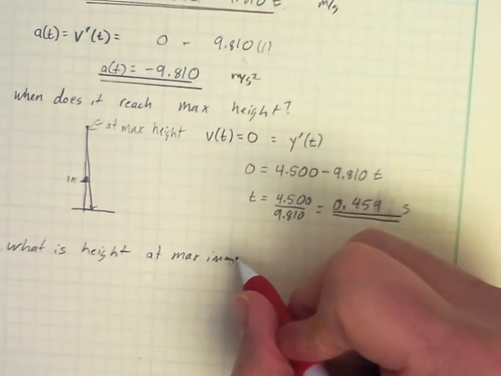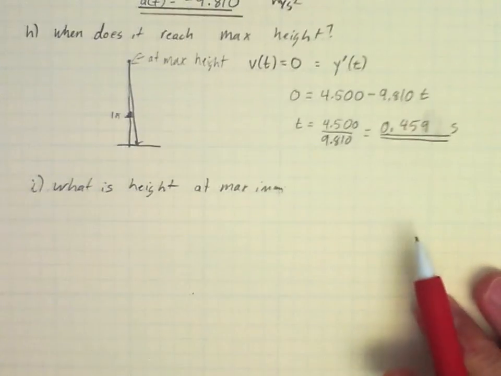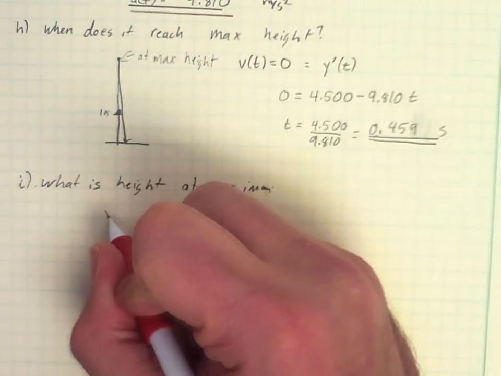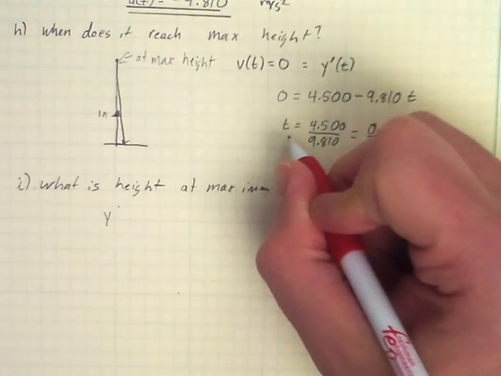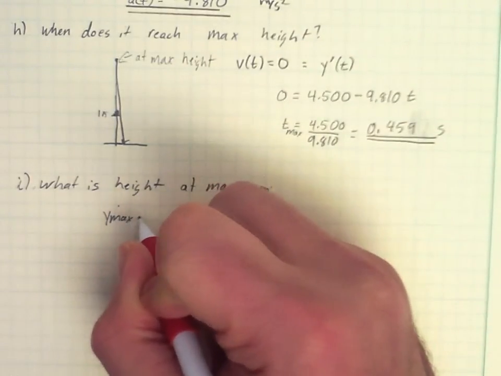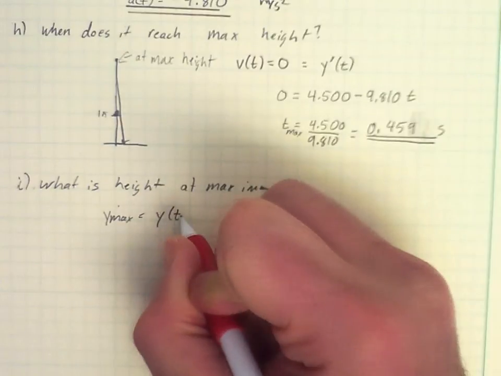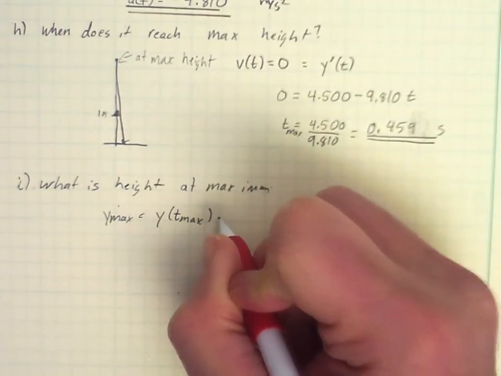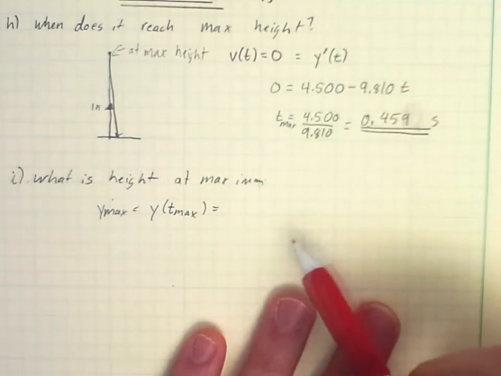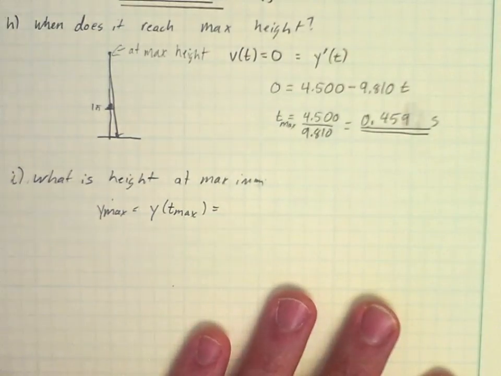At maximum. Well, to do that, all we have to do is, if we call this T max, Y max is just going to be Y of T max. So we can just take that value and plug it into our original equation. And this is where keeping the extra decimal points might actually help us.